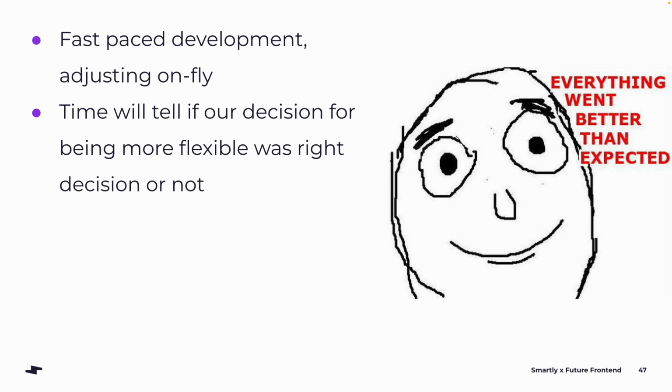For the design decisions that we made, like using these Tailwind components, I would say time will tell if those decisions were good or not. Maybe after 2, 3, 4 years, I can give the same talk about design system migration to something else, or I can give a talk about how everything is now perfect and we have found the holy grail of the perfect design system.